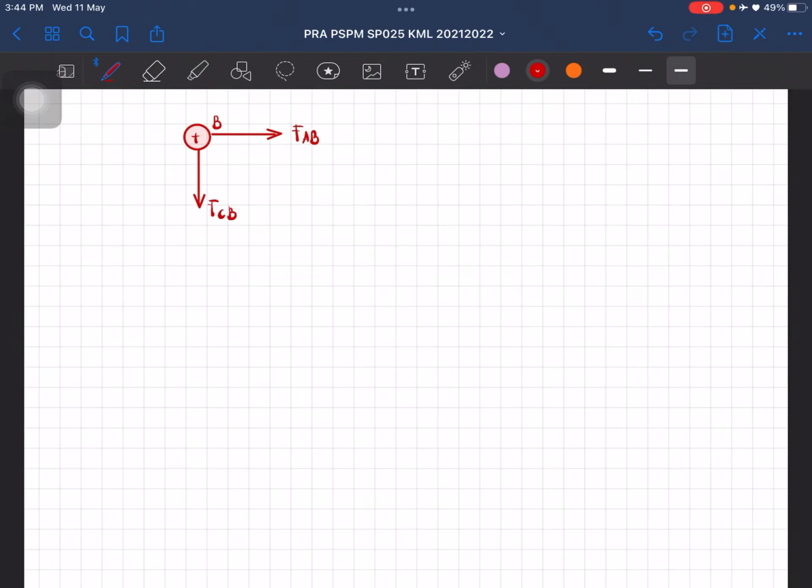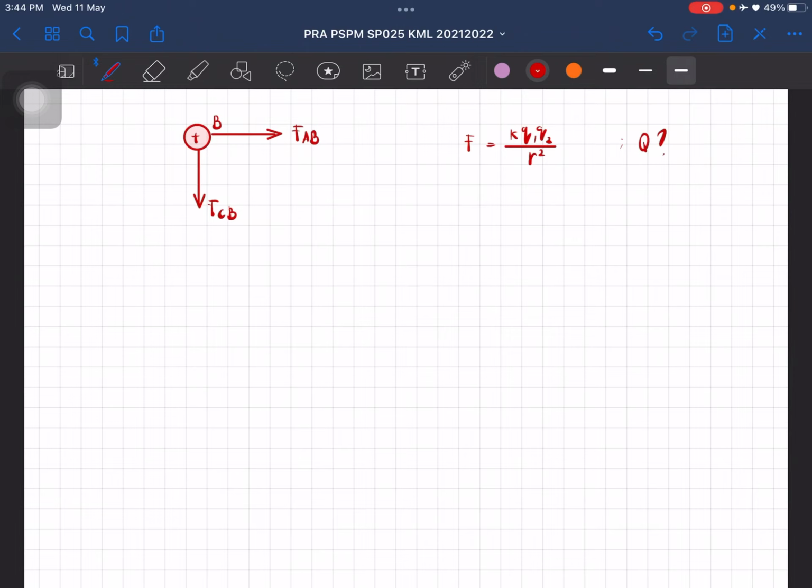Now what we need to do is use the formula, which is force equal to K Q1 Q2 over R square, okay. What we do not have based on the question just now is the value of charge.